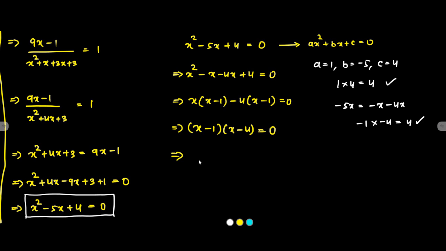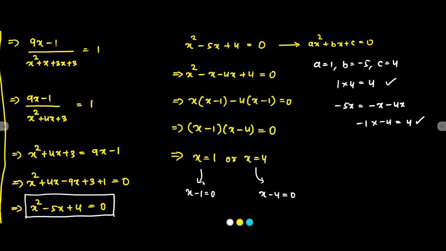That implies x is equal to 1 or x is equal to 4. When we equate either of them with 0, because here x minus 1 can be 0. When x minus 1 is 0, x is equal to 1. When x minus 4 is equal to 0, x is equal to 4.